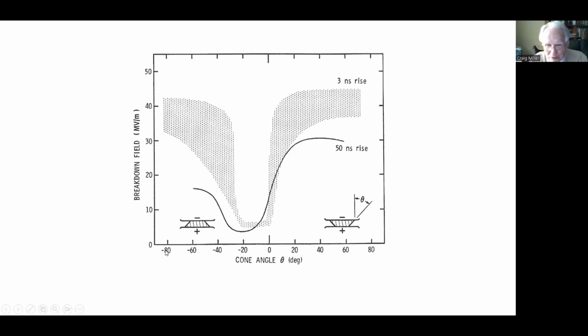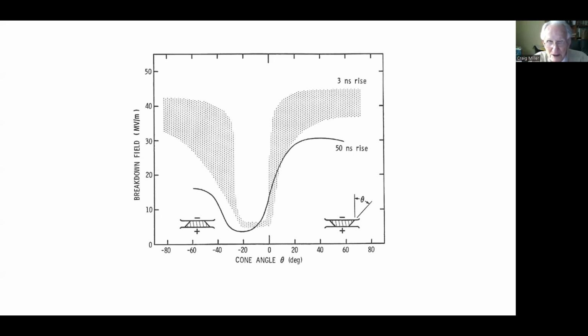Conversely, for a slightly negative insulator, you're bringing electrons back to the surface quicker, which reduces flashover. But as you continue to increase the cone angle, you're bringing them back very rapidly, so the electrons strike the surface with less energy, thus improving the hold-off voltage.